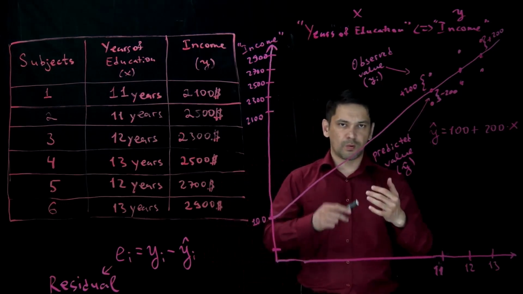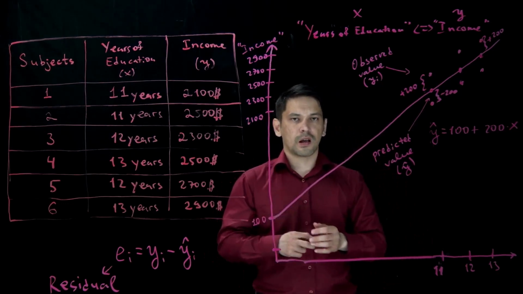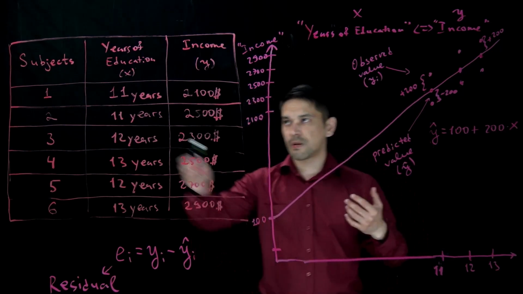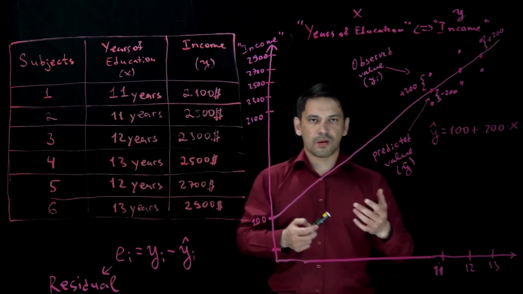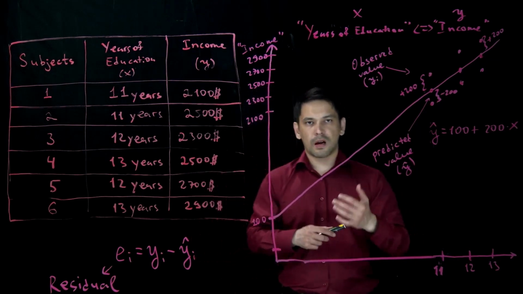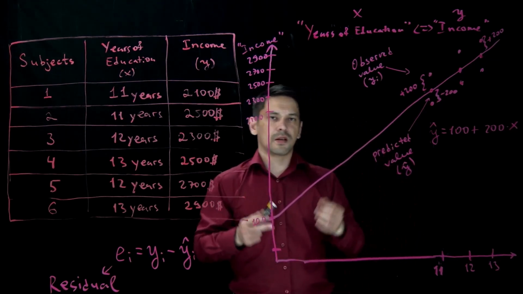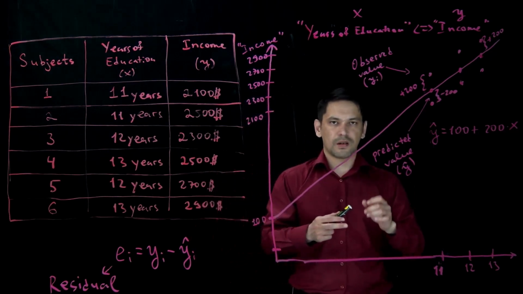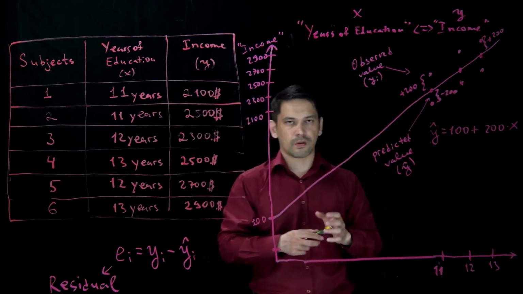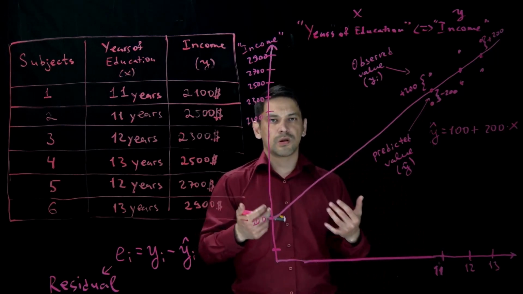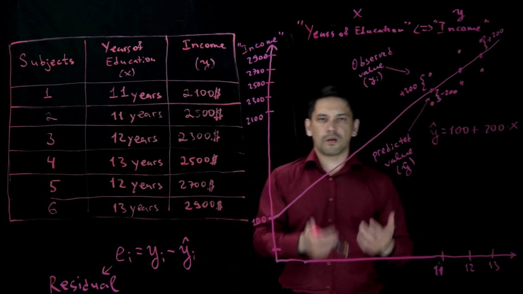If some subject has a huge residual, that means this dot is too far from the regression line. If a dot has a small residual, that means the dot is very close to the regression line. So please remember that the residual usually shows the distance between a certain dot and the regression line.